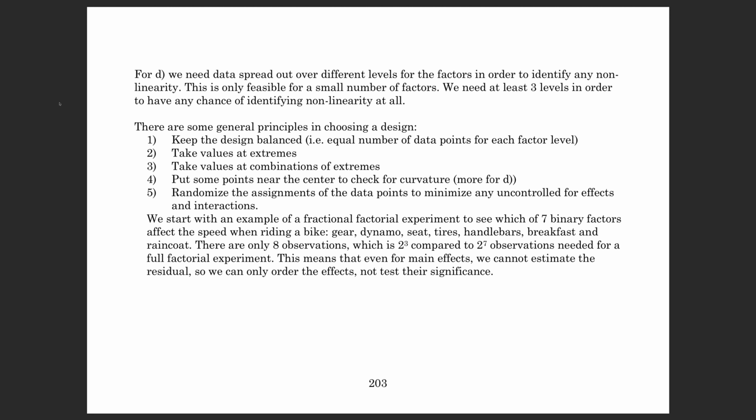So there are some general principles which we always will try to follow. First of all, we try to keep the design balanced, meaning an equal number of data points for each factor level. Secondly, we try to take values as extremes. You remember when we were looking at regression models, we said that we want the range of X to be large in order to get good estimates.